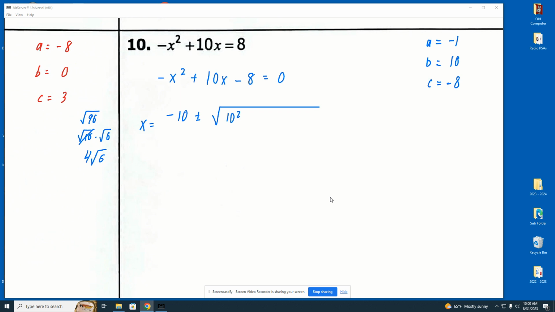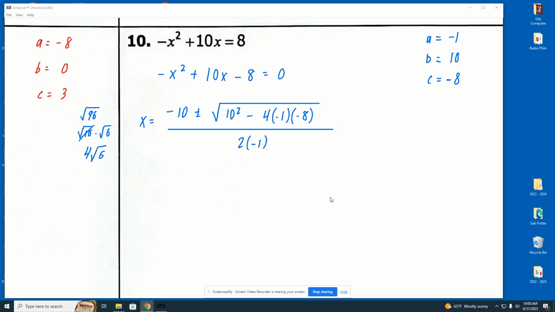I didn't have to put that in parentheses because it's not negative. Minus 4 times a, negative 1, times c, negative 8, so 4ac, and all of this is divided by 2 times a, negative 1.